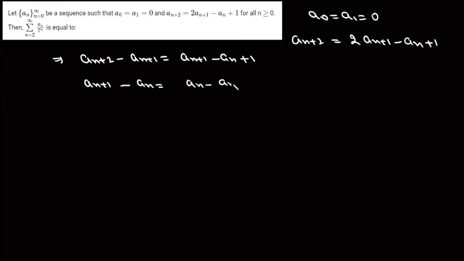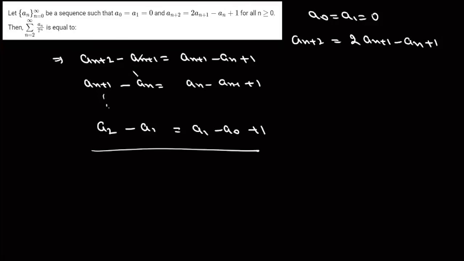Now what we'll do is, we can write this recurring relation as An plus 2 minus An plus 1 equal to An plus 1 minus An plus 1. Now, if we put n as n minus 1, we can write An plus 1 minus An, which will be equal to An minus An minus 1 plus 1. I will continue up to A2 minus A1, and this is equal to A1 minus A0 plus 1.